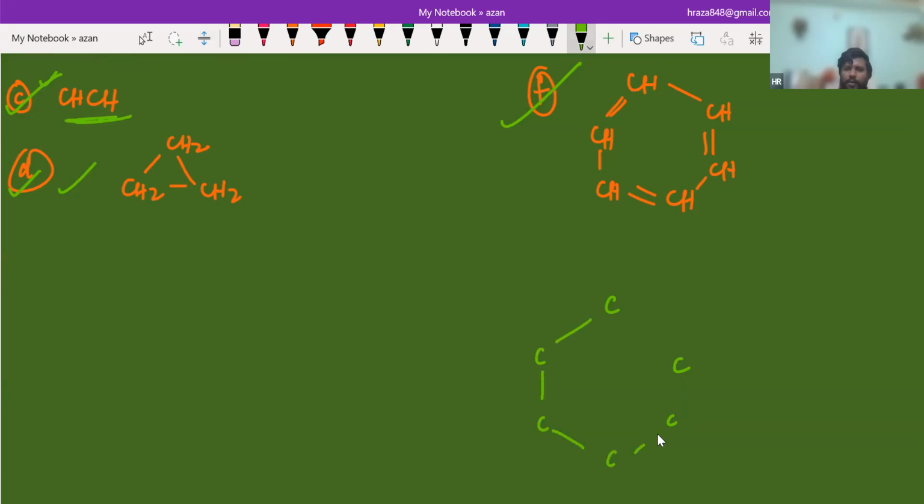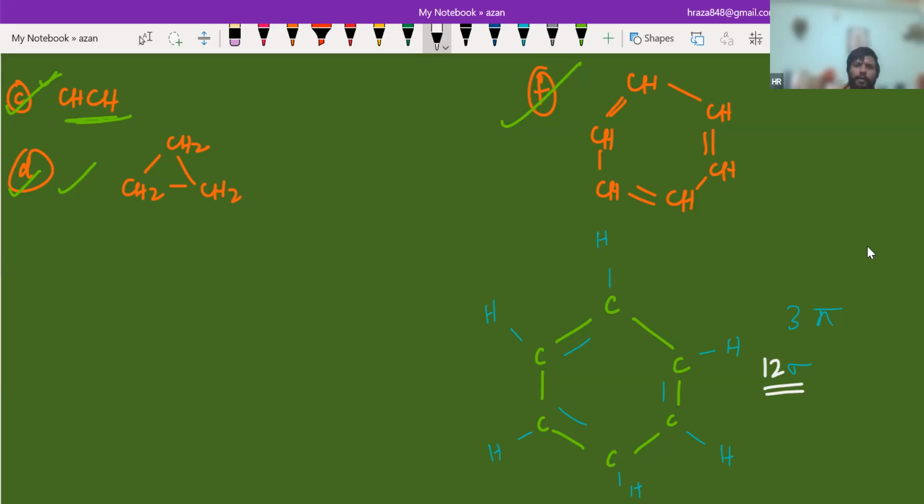You can see these are sigma bonds, in which you can see this is your double bond. That means 3 pi is there. Now the sigma is 6, but hydrogen is also making single bond with each carbon. So total sigma, can you tell me now? Total sigma is 12. So 12 sigma and 3 pi.